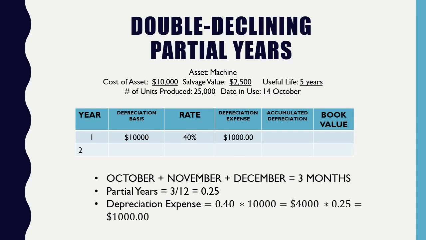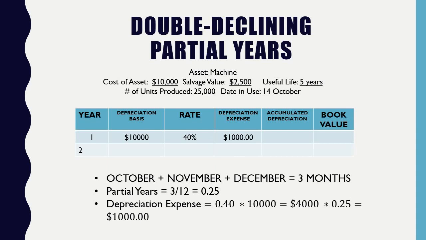Okay, so that is how you're going to treat this, because for the first year that you're depreciating it, it can't be for the whole year. It can only be 3 months out of the year. All right, so that's how we need to figure it out. Now, the best way to do it, if you're using Excel, is to just put it in directly as 3 divided by 12.